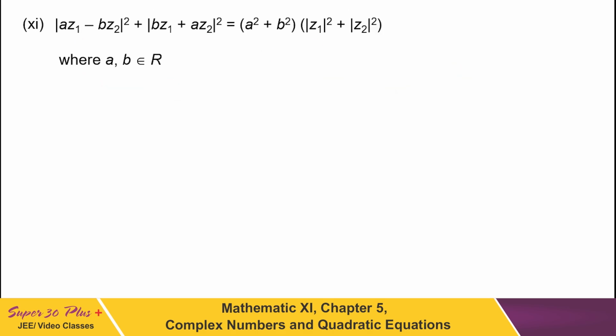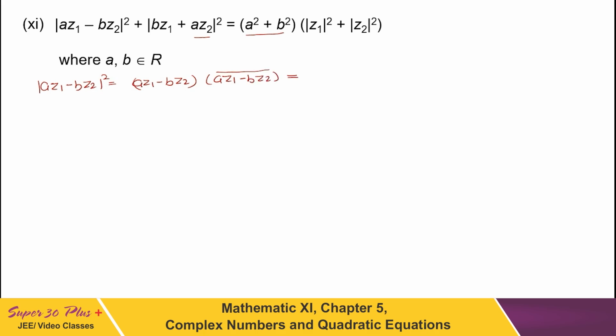Students, similarly we can find property number 11: mod of a z1 minus b z2 whole square plus mod of b z1 plus a z2 whole square is equal to a square plus b square times mod z1 square plus mod z2 square. Now we are going to simplify it. It is mod of a z1 minus b z2 whole square, and it is equal to a z1 minus b z2 into a z1 minus b z2 whole bar.